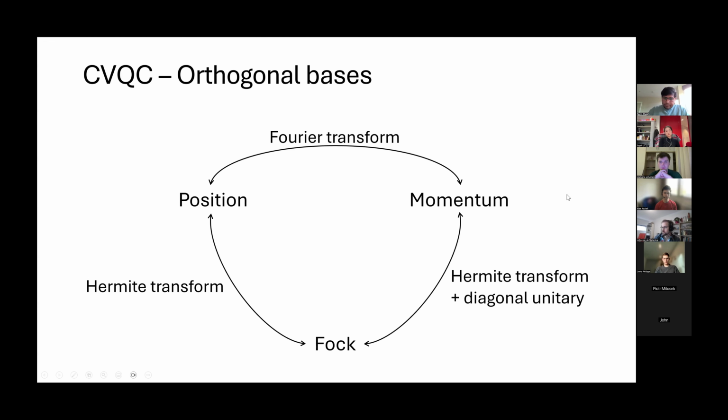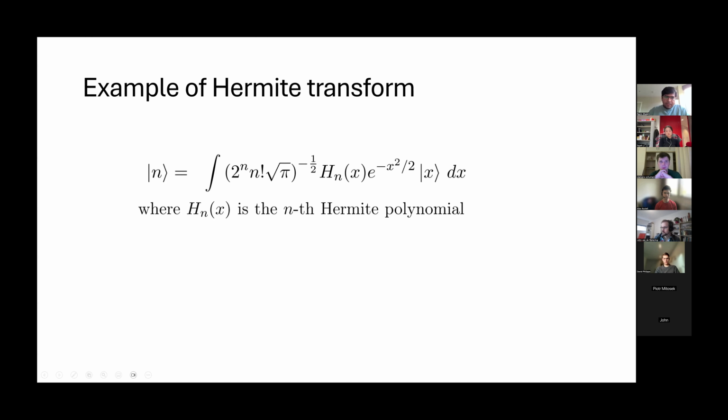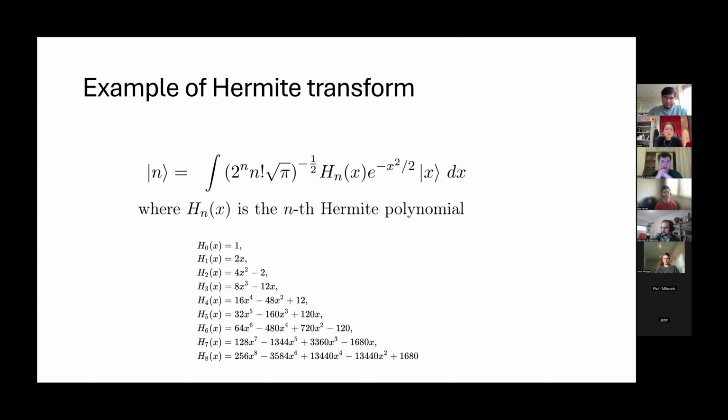Now, an example of the Hermite transform is you can represent the ket n basis state as this integral, where you're integrating over these Hermite polynomials. And these Hermite polynomials are really complicated. They're not the easiest to work with.